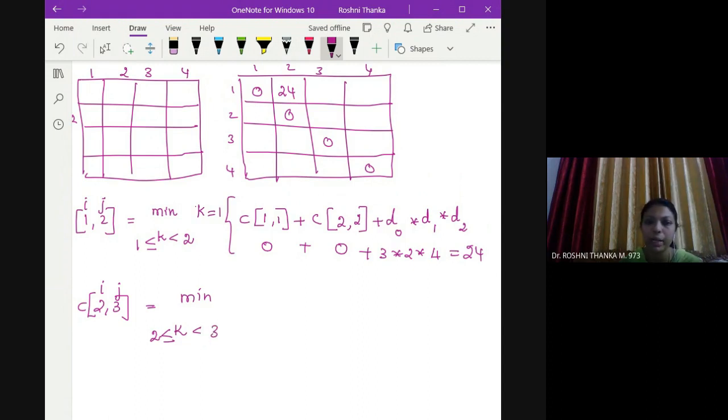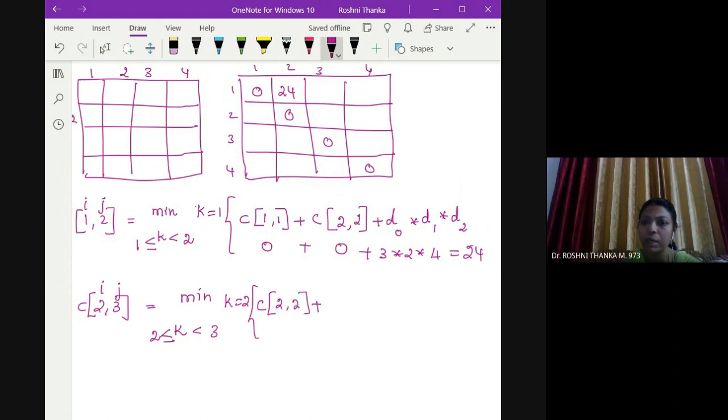So what is the k value I'll be getting? K greater than or equal to 2 means I can take k as 2, and it should be less than 3, so less than 3 means 2 only. So here we have only one k value. When the k value is 2, we have to find it. Let's apply the same formula. So first, i and k. What is the i value here? 2. What is the k value here? 2.